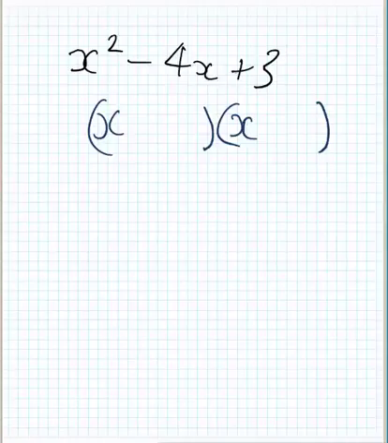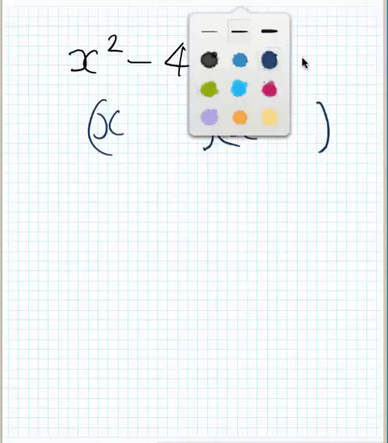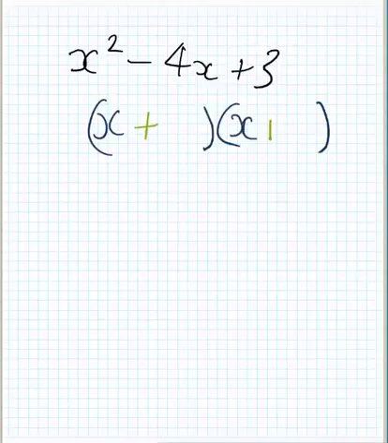So whenever you see a positive constant, in this case plus 3, you have to know straight away that for that to be positive, in here you either have a positive and a positive, because when you multiply those numbers, it'll be positive, or you can have a negative and a negative. They're your only options.